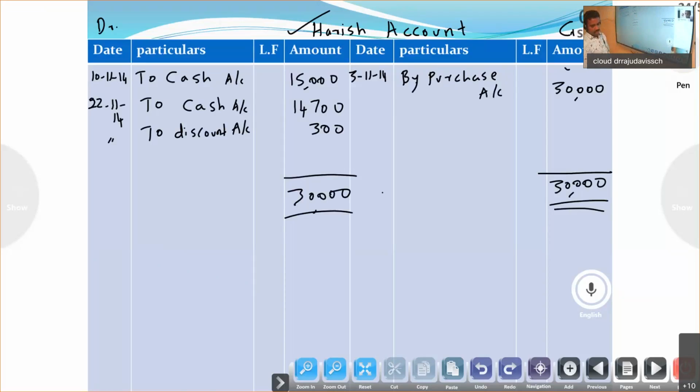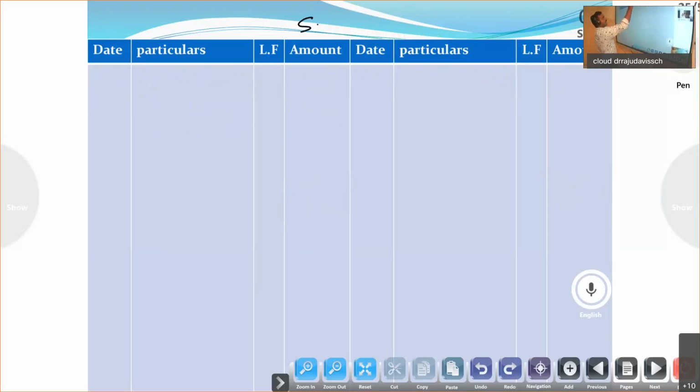Next entry, what is next entry, Aparna? Cash account to sales. Already we prepared cash account. So next account, which account we have to prepare? The sales account. Okay, sales account.